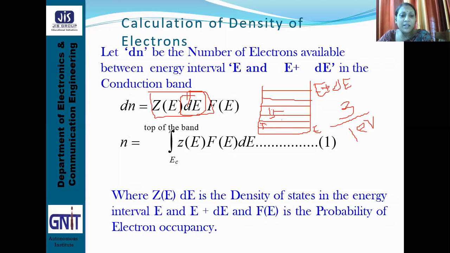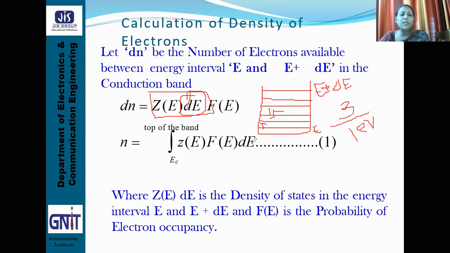If we integrate this function and put the limit of EC, that is the entire conduction band range, then we get the total number of electrons in the conduction band, that is integration of Z of E, F of E, dE.